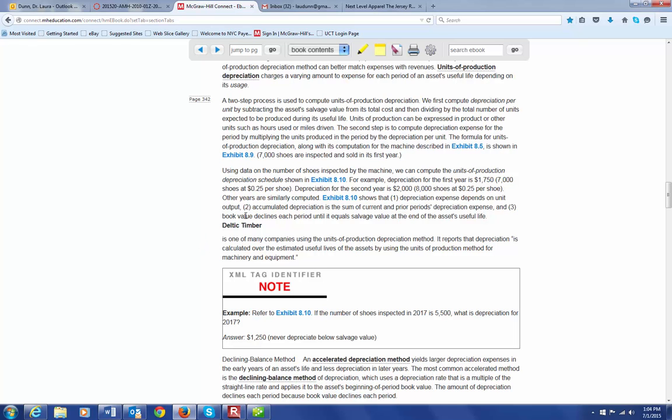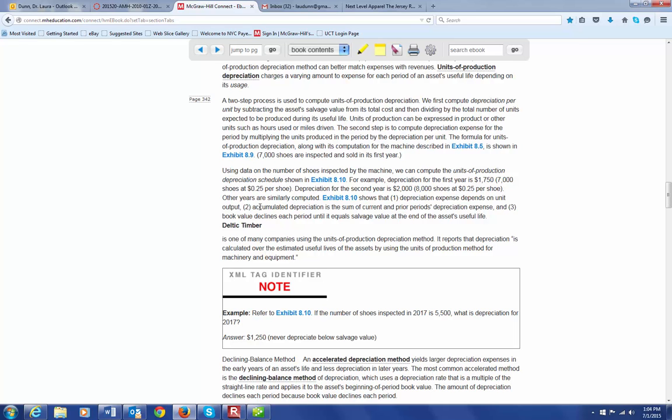And let's see here, they calculate that 7,000 shoes are inspected and sold in its first year. They had determined that the per unit depreciation cost was 25 cents. So you have 7,000 units produced in the first year at 25 cents, which gives you a depreciation cost of $17.50. In the second year, they produced 8,000 shoes, so that comes out to $2,000 in depreciation.